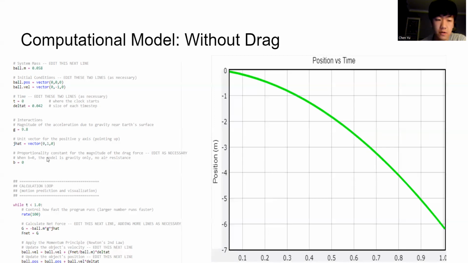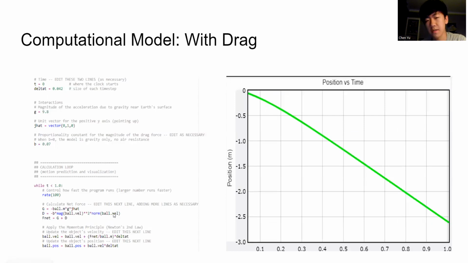And since this is without drag, the drag constant is 0. Here, I adjusted the force to match the formula for gravitational force and changed the velocity update formula accordingly.